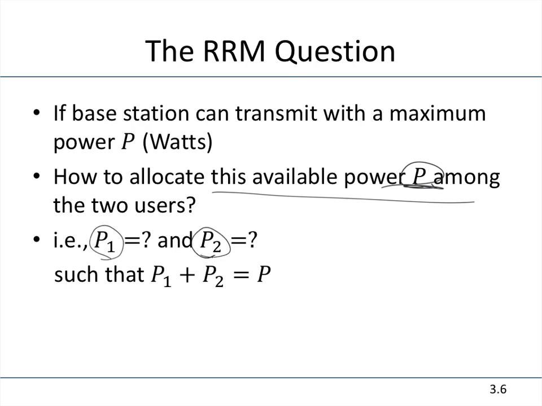Of course, someone might say, why not make them equal? So P1 equals P2 equals P over 2. This is good, this is fair. But of course, this will not necessarily give the maximum aggregate rate, as you can imagine, because the gains are different.